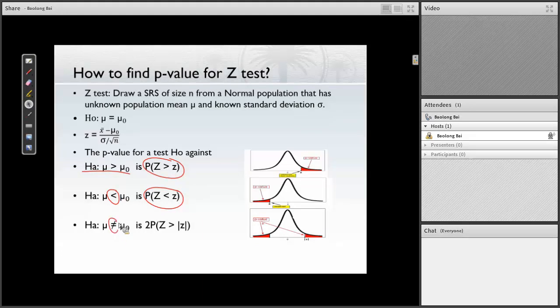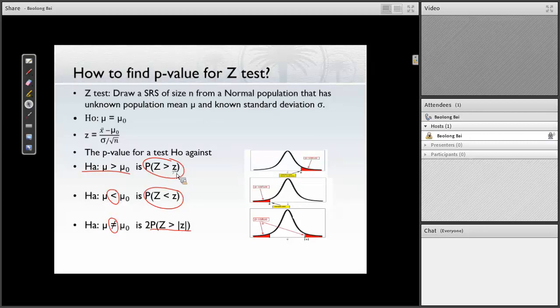If your alternative hypothesis is a not equal to sign, it means either greater than or smaller than. You can have two tail probabilities adding up, but because the two probabilities are exactly the same because of symmetry, we can have a factor of 2 in front, and then multiply by the probability of one side. So we have different probabilities as a p-value for the z-test.